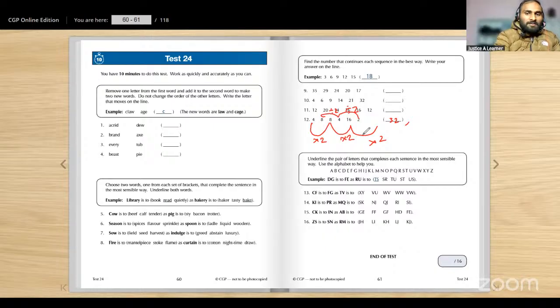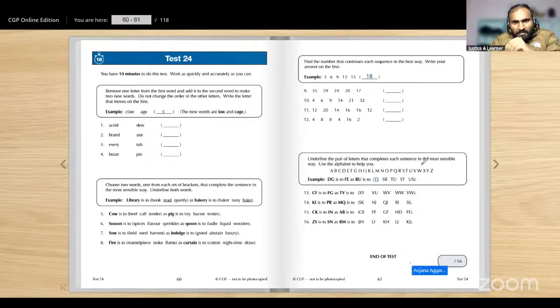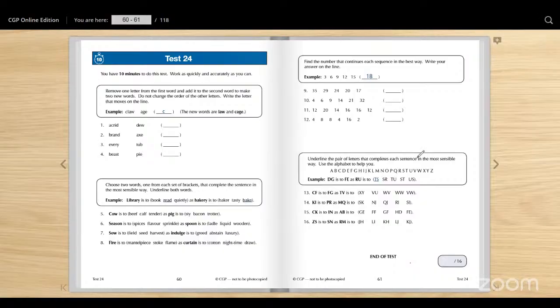Okay, the next one is really long. That's why I didn't have time. Okay, go ahead with this. Okay, I can do this in my head.